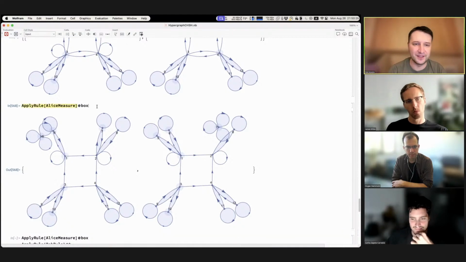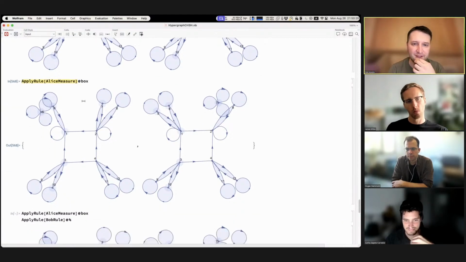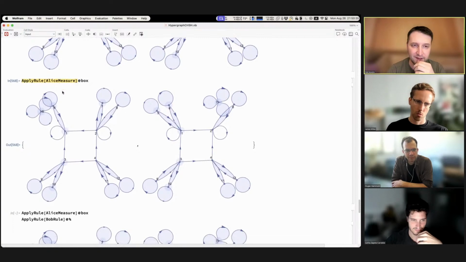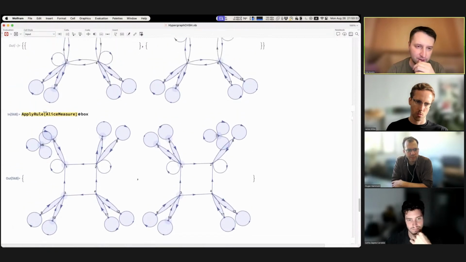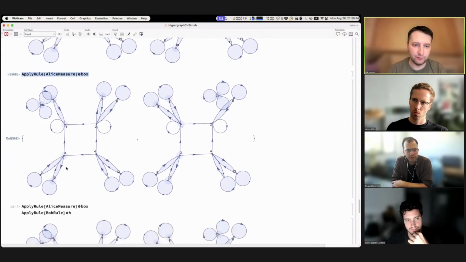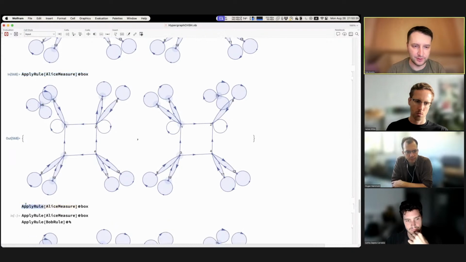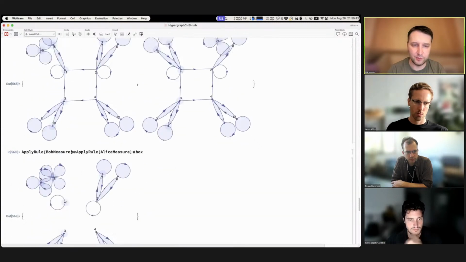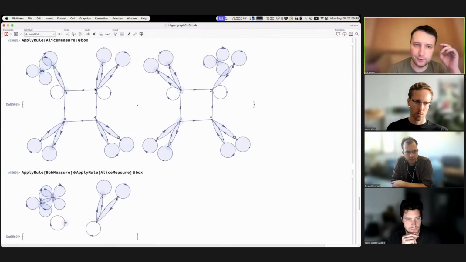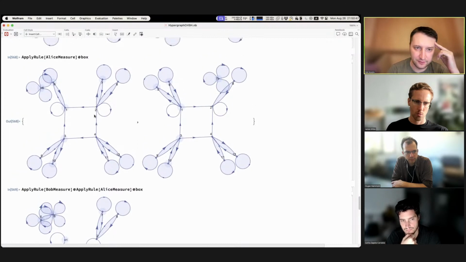This is just one particular implementation. But what happens if after that we apply the Bob measurement? It's actually not perfect. There's some problem with that, which later we can try to mitigate. If we apply Bob's measurement, because we destroyed half of this interface, it only applies to one of the hypergraphs, here, but not in the other.